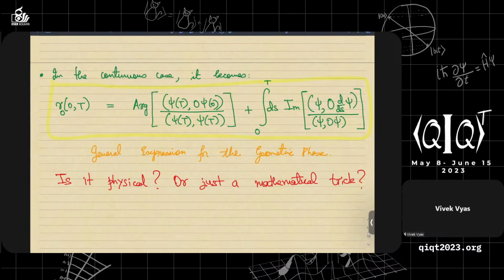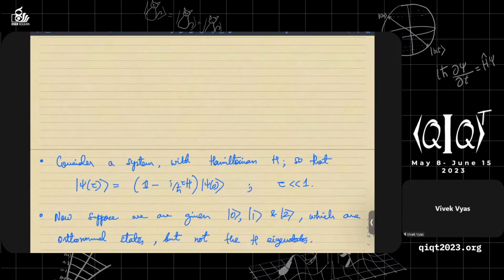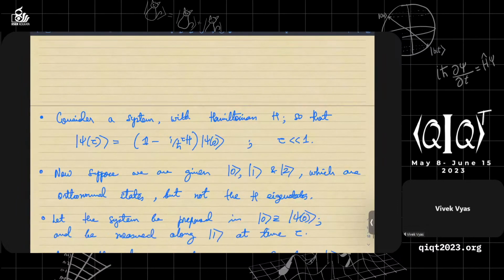Immediately one can ask the question: is it a mathematical gimmick, some kind of trick that one is playing, a fancy way of complicating one's life and getting into non-trivial stuff, or is it physical? Do you care? I mean, to show that it has any physics, the answer is yes, it is physical.